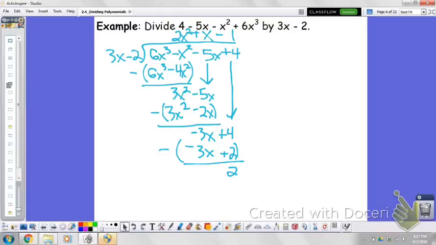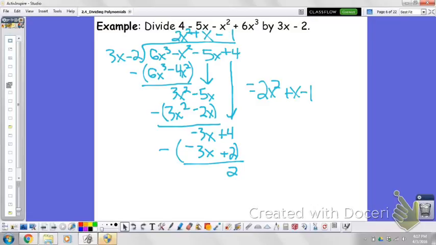Now, in this case, we do not get 0 in this very last part, so that means we have a remainder. So my answer so far is 2x squared plus x minus 1. And if we were to keep going, we would take this 2 and divide it by the 3x and keep going on.